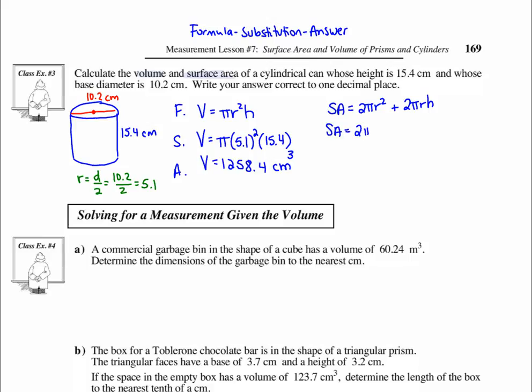2 pi, radius is 5.1 squared plus 2 pi 5.1 times 15.4. So type that in your calculator. Make sure you can type it in. I'll wait for you guys.